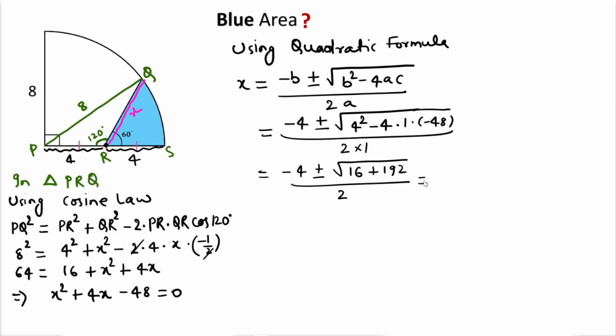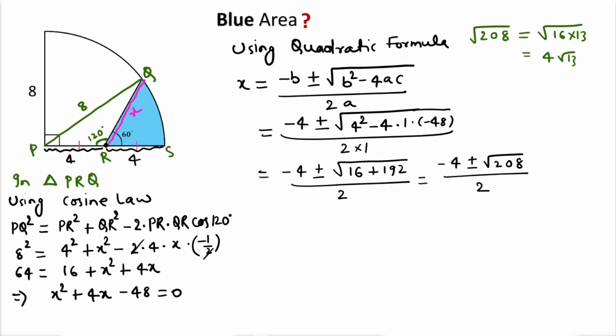After this we can write minus 4 plus minus under root 208 by 2, and we can also write 208 as 16 into 13. So this means we can write 4 under root 13. So in place of that it will become minus 4 plus minus 4 under root 13 by 2.